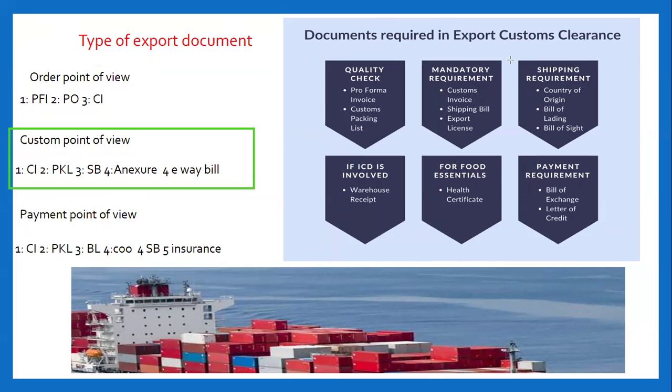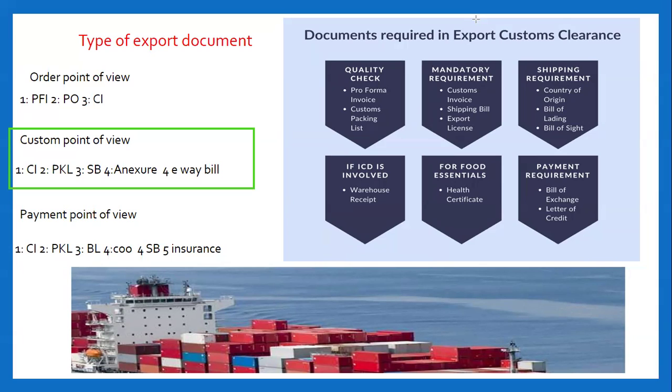You can see on the screen that when you export goods from your factory, you have to prepare a set of documents for customs clearance. The first document is the commercial invoice, which we already prepared at the start of your order, but it can be used as the customs invoice.